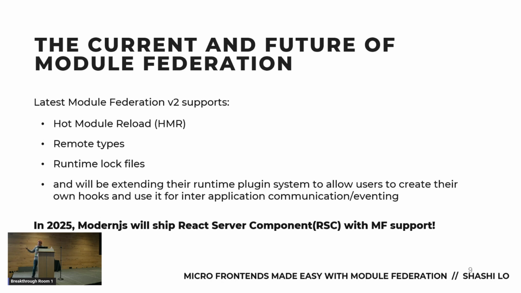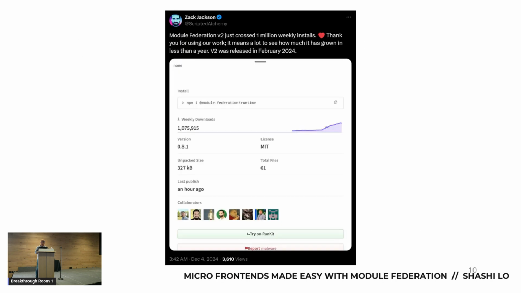In 2025, modern JS will ship React Server components with Module Federation support. So big things are coming from Module Federation. If you don't believe me, he just tweeted this like 2 days ago. Module Federation version 2 just crossed 1 million weekly downloads.